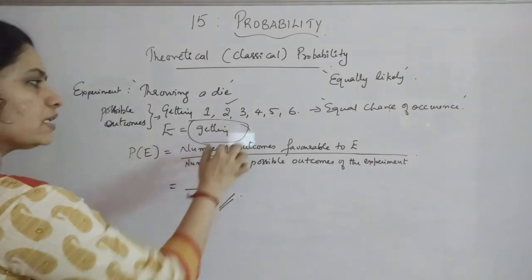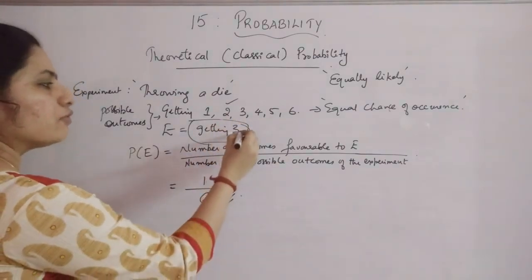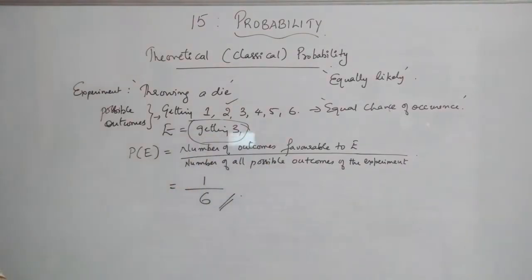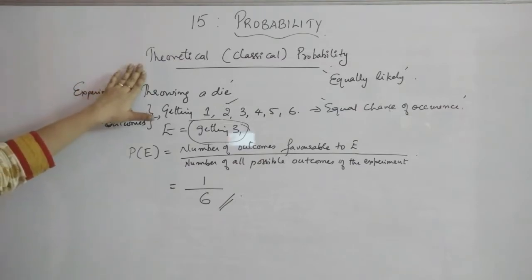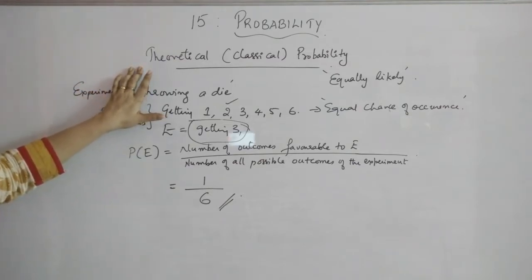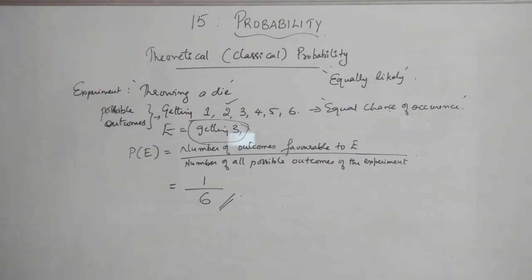Again, getting a 3 will give you the same result, getting a 4, getting a 5 or getting a 6, everyone will give you the same thing, that is 1 by 6. So that is actually assumption based. That's why this theoretical is based on assumptions. We are not doing the experiment and getting the result. We are just assuming that each one of them has equal chance to occur. That is, they are equally likely events.